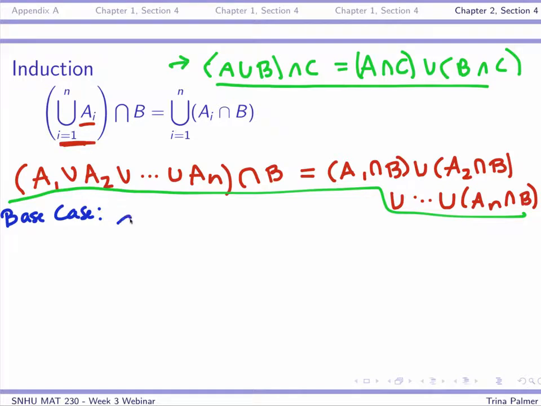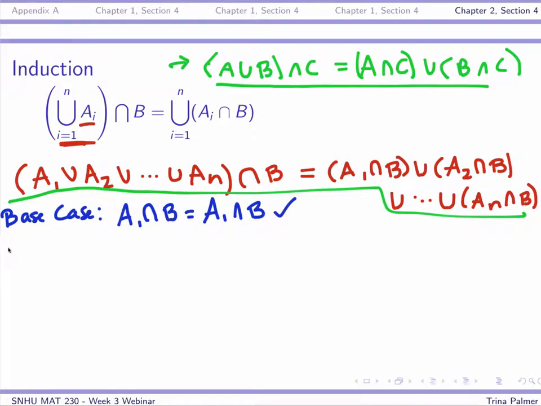So I have A1 intersect B. And on the right hand side, again, this big thing is going from 1 to 1, so it's just one set. And if I plug in 1 for I get A1 intersect B. Well, that is true, so there's our base case.